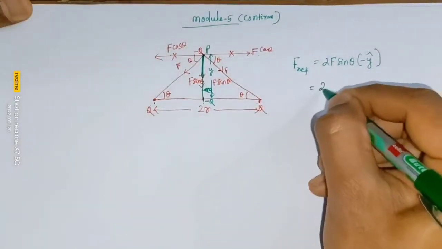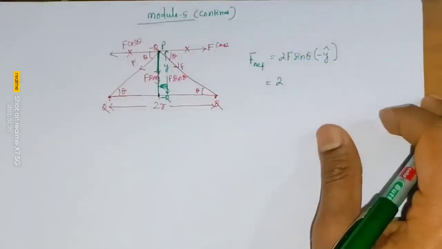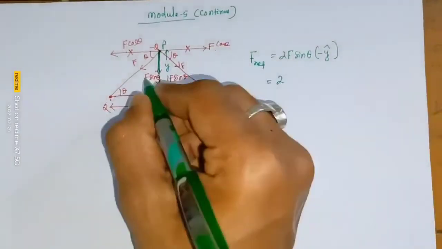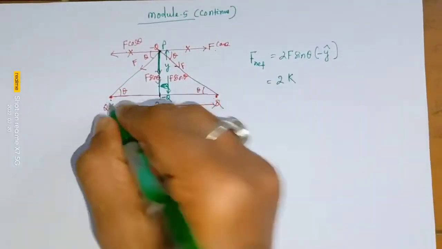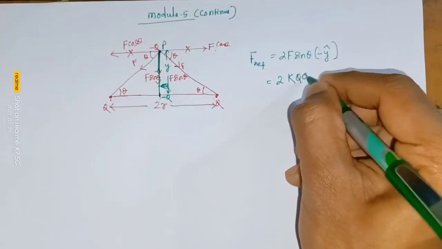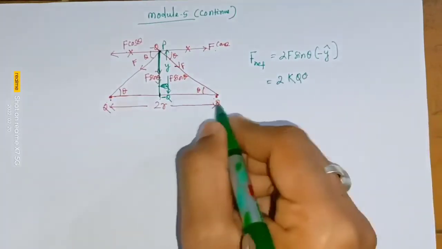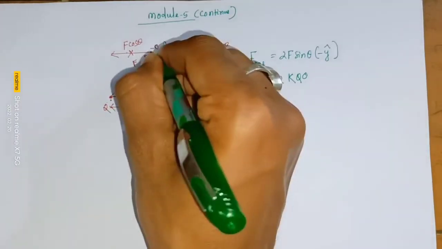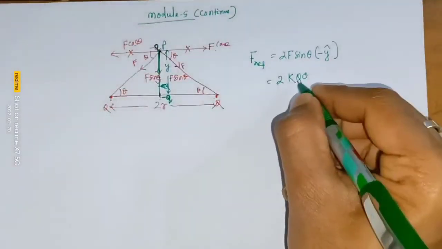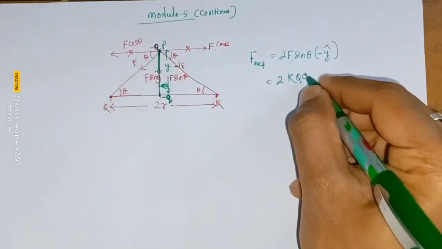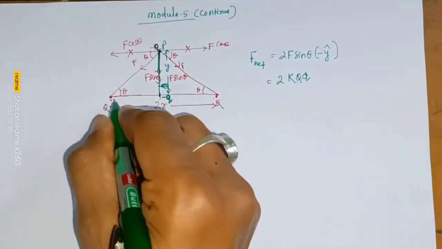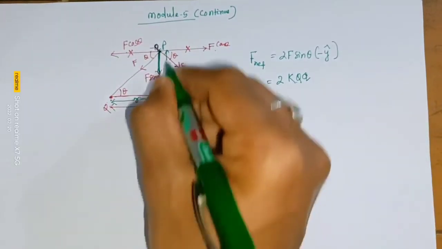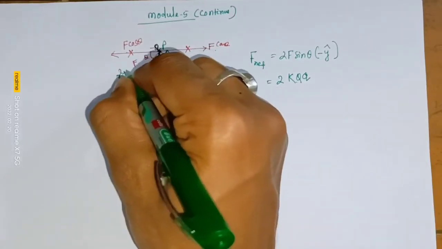What is F here? F is kQq over the distance squared. Taking two different charges, K, Q and q, the distance is 2r, which means this is r and this is y, so the distance is the square root of r square plus y square.